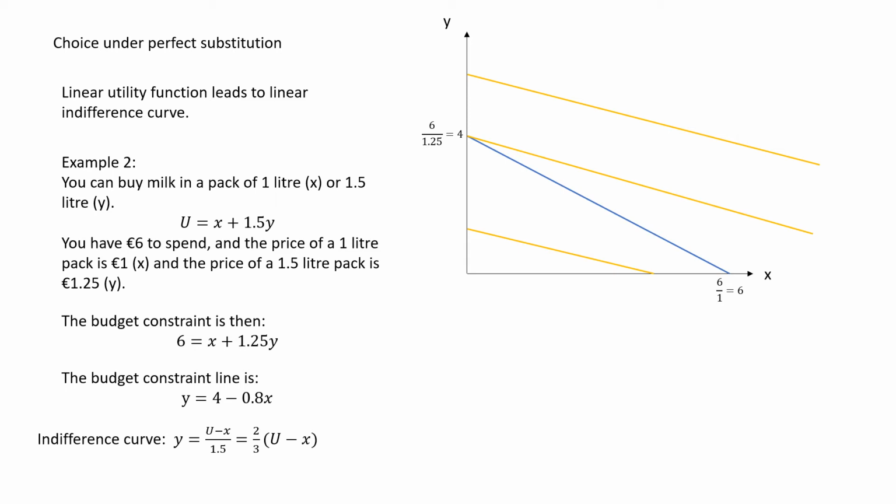As they are flatter than the budget constraint line, you can see that the only way you can achieve the highest possible utility level with the given 6 euro budget is to choose to consume only 1.5 liter packs. So we will have a corner solution.